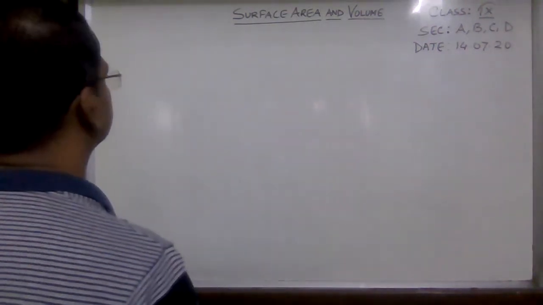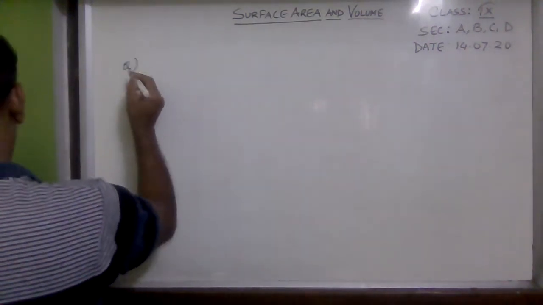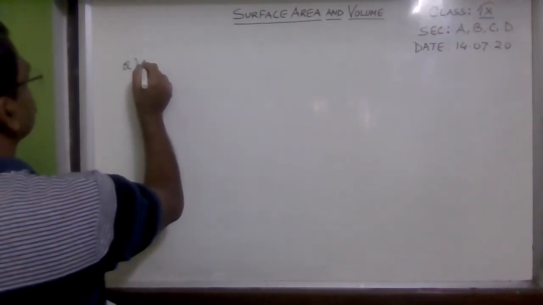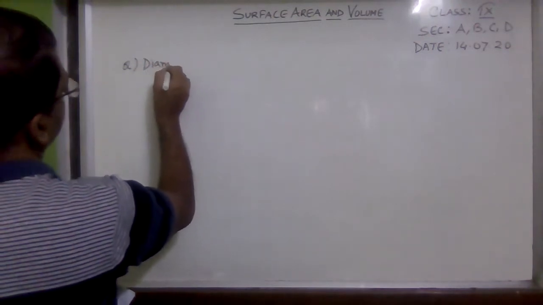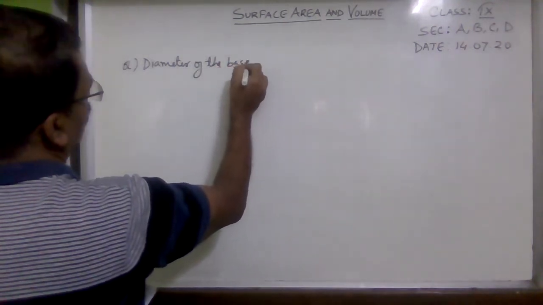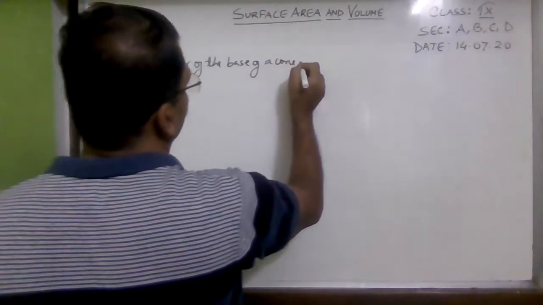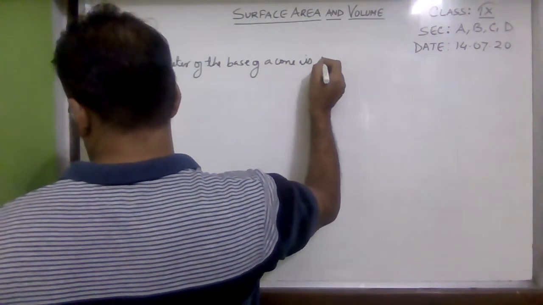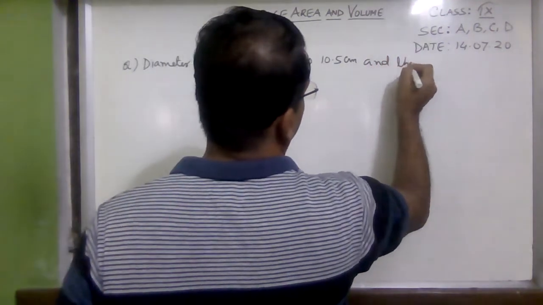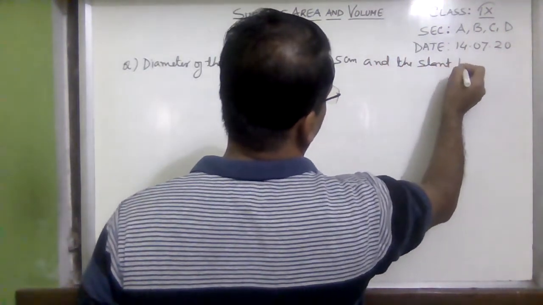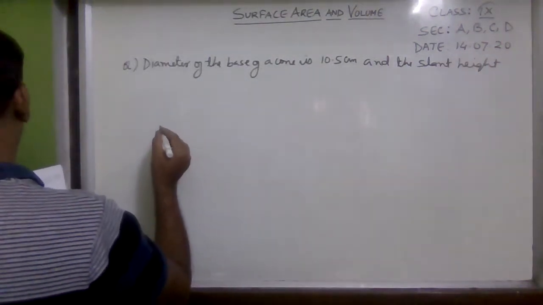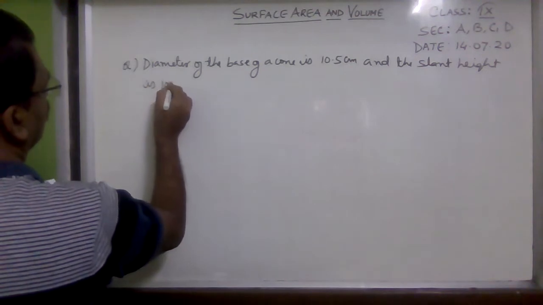Now the next question. Diameter of the base of a cone is 10.5 centimeter and the slant height is 10 centimeter.